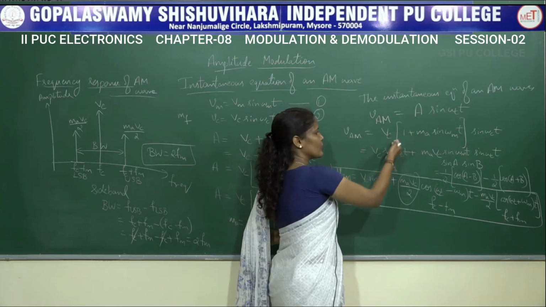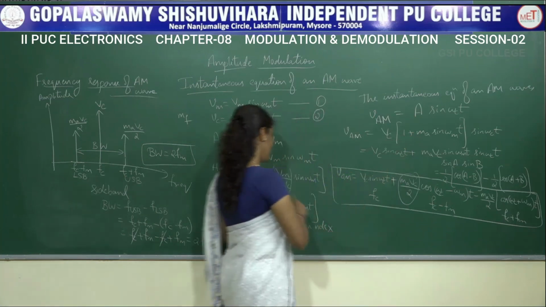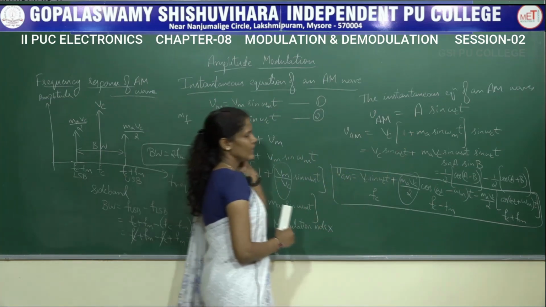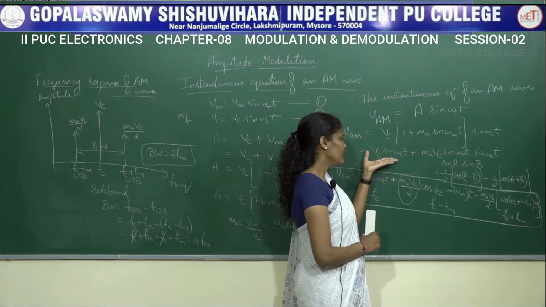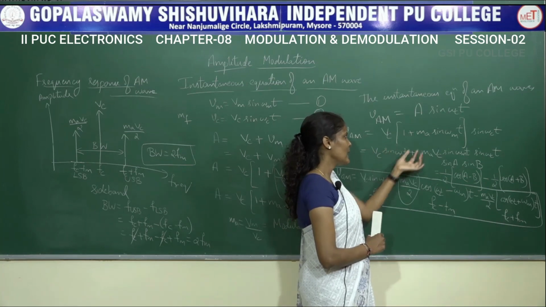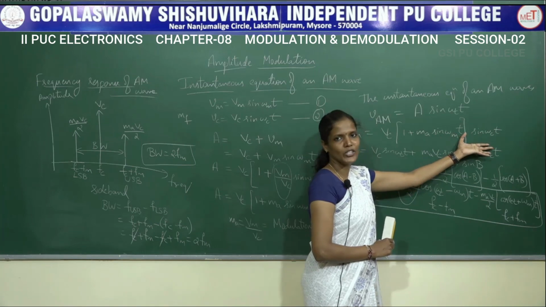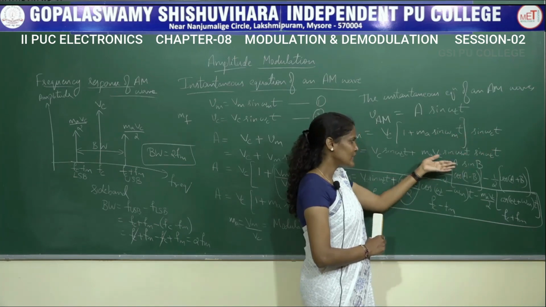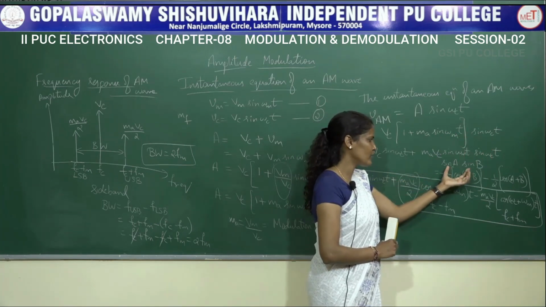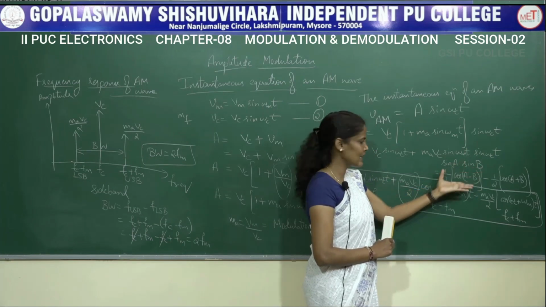If I substitute for A in this particular expression from this term, we are left with Vc sin omega Ct plus MAVc sin omega mt into sin omega Ct. But in trigonometry, we have the expression for sin A into sin B as this.